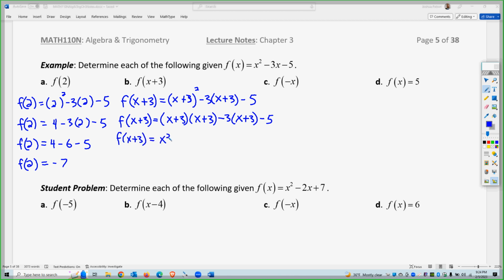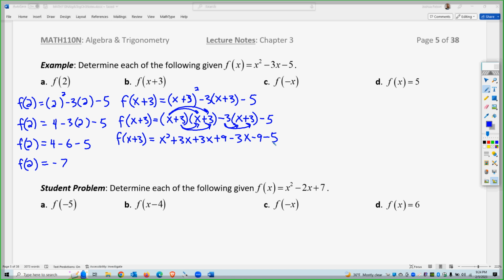So I get x squared plus 3x plus 3x plus 9. Then minus 3x minus 9. Oh, I didn't put the x. Let's erase that. Minus 3x minus 9. And then minus 5.